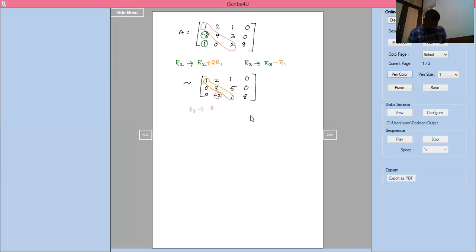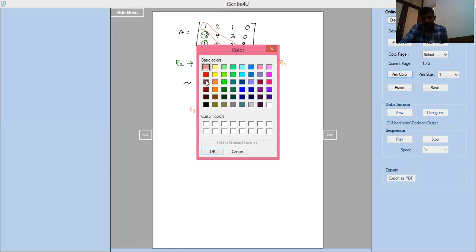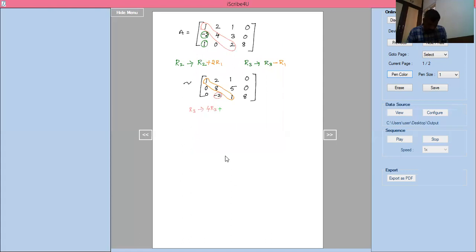I'll use R3, multiplying by 4, so 4 R3, since 4 into 2 should be 8, plus R2. If we do like this, we will make zeros below the principal diagonal elements.